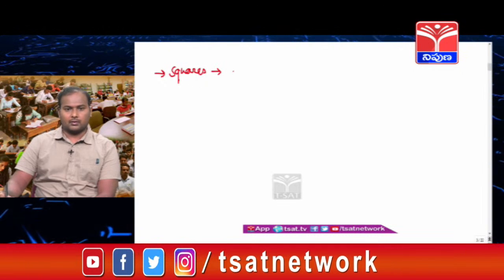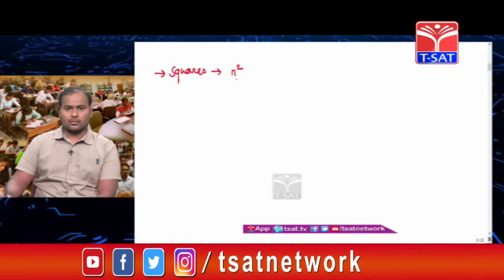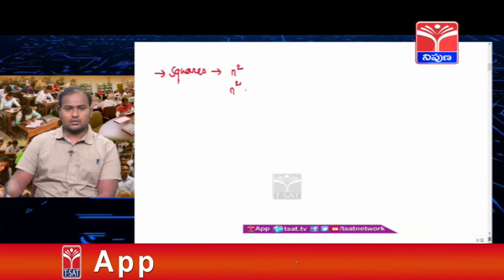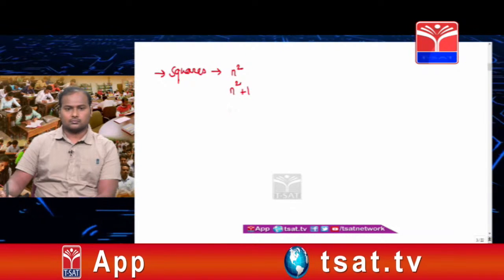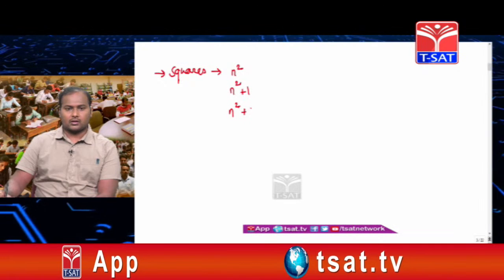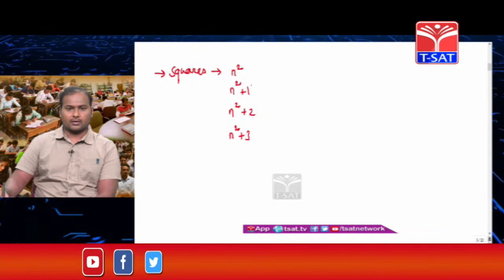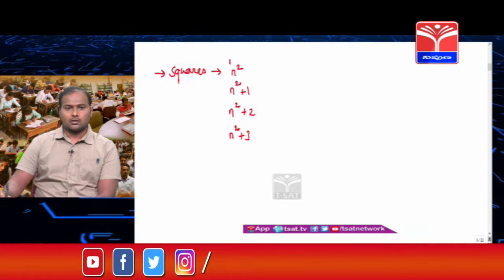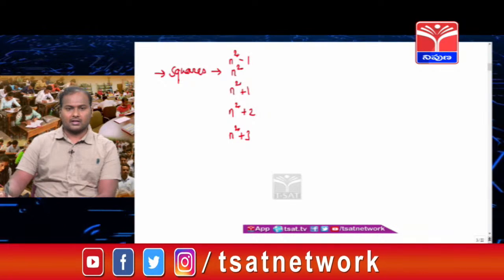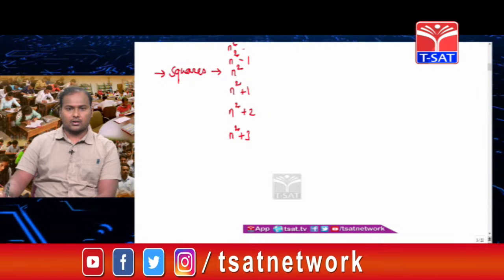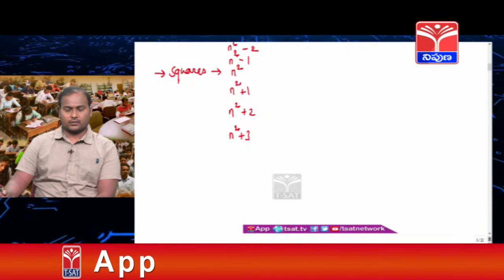This format may be n square, or n square plus 1, n square plus 2, or n square plus 3. In the same way, we can expect n square minus 1 and n square minus 2 formats as well.